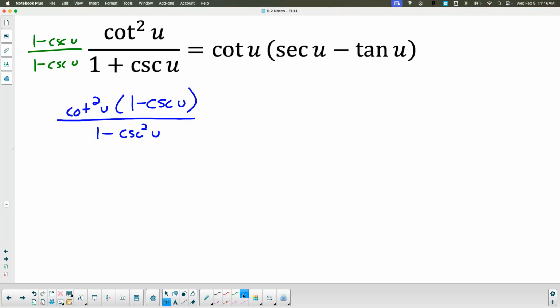Now what? Nope. I cannot make the bottom cotangent.